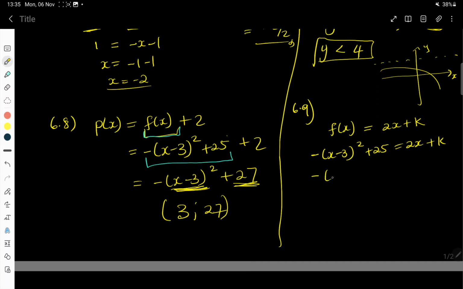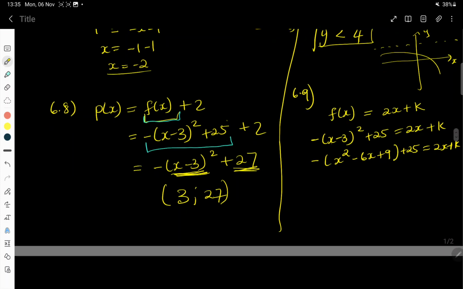When you simplify x minus 3 squared, it's going to be x squared minus 6x plus 9. Then you have plus 25 is equal to 2x plus k. Then when you simplify, the negative affects everything in the bracket, so it's going to be negative x squared plus 6x minus 9 plus 25 is equal to 2x plus k.